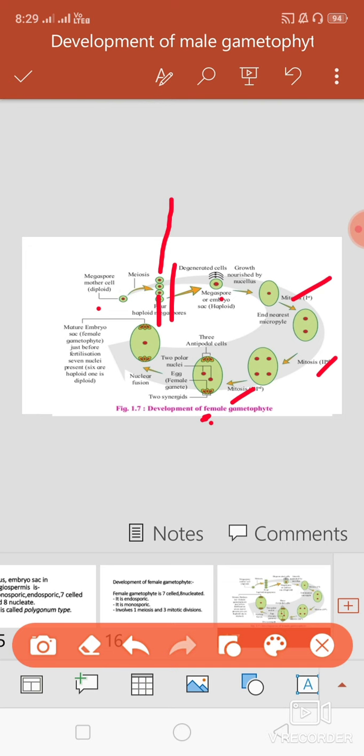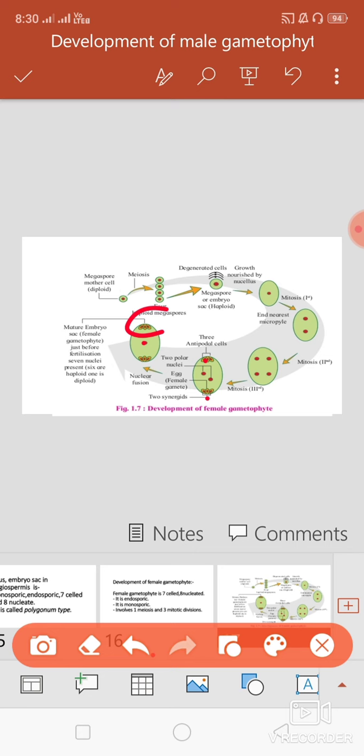These 8 nuclei are arranged properly, meaning 4 nuclei toward the chalazal end and 4 nuclei toward the micropylar end. Then 1 nucleus from the chalazal end and 1 nucleus from the micropylar end come toward the center and act as polar nuclei. Later, these polar nuclei fuse and form the diploid secondary nucleus.